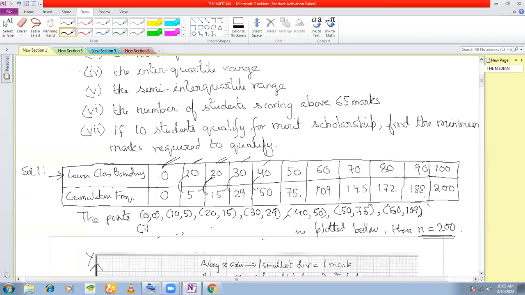Next is your 70, 145; 80, 172; 90, 188; and you have 100, 200 to be plotted on the graph. Okay, so remember the first lower class boundary was 0, so we have taken the first cumulative frequency as 0. Okay, always take the first cumulative frequency as 0.